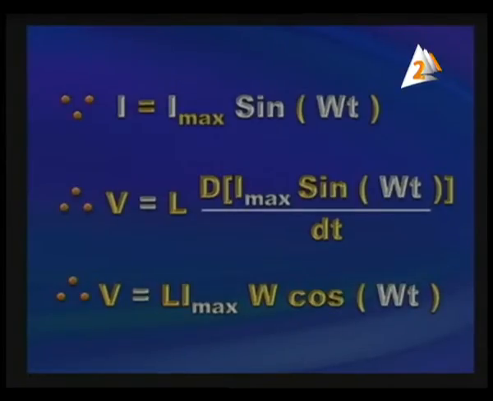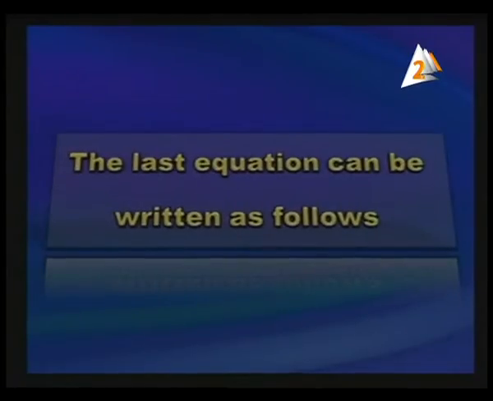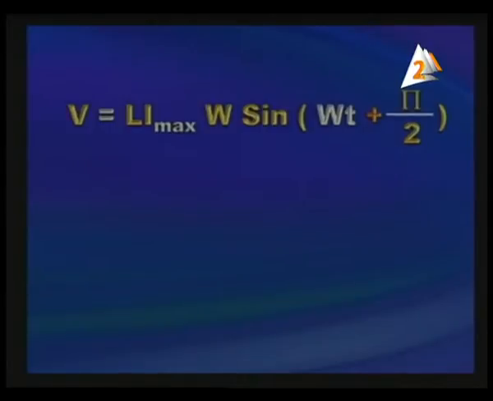And we will convert cosine into sine by adding pi over 2. So your attention please. The last equation can be written as follows. V equals L I maximum omega sine omega t plus pi over 2.